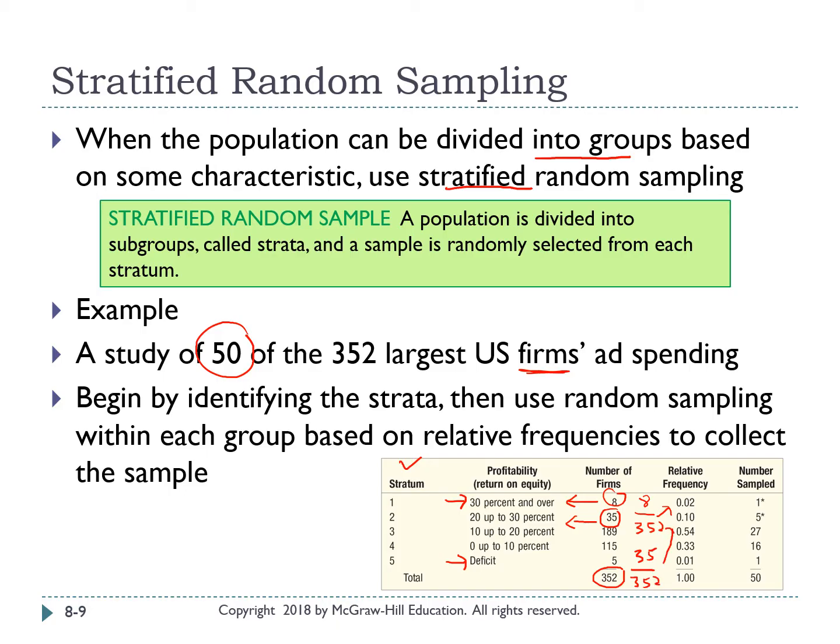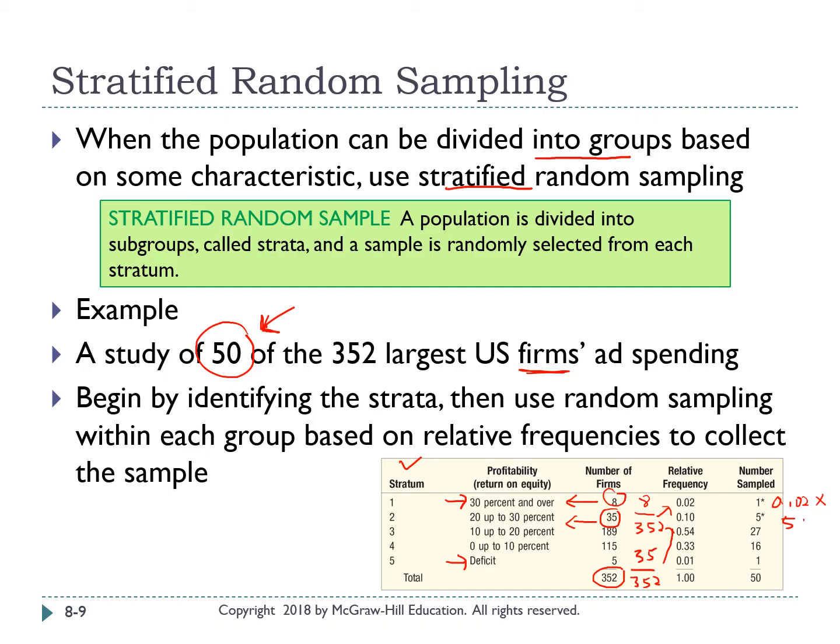Okay, now how many samples do you have? You want to sample 50 US firms. So how to sample from each group? Okay, so the number of samples, how to find it? You have to take the relative frequency, which is 0.02, multiplied by the total number of your sample.